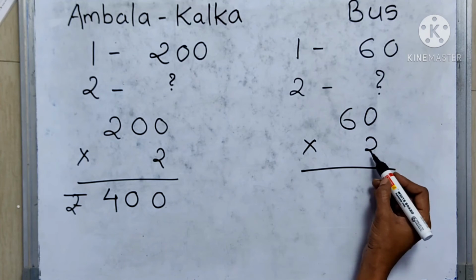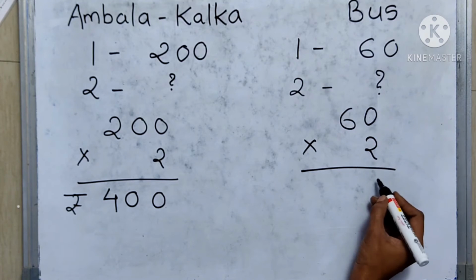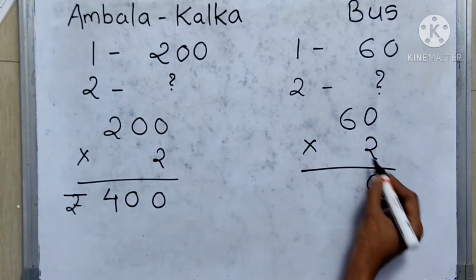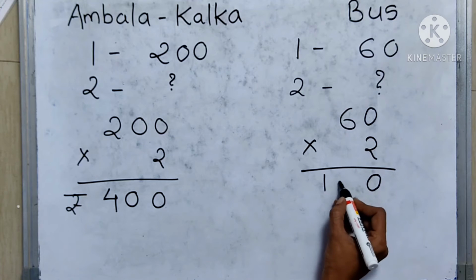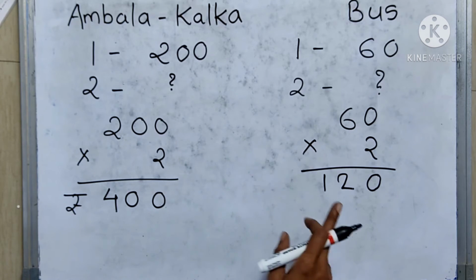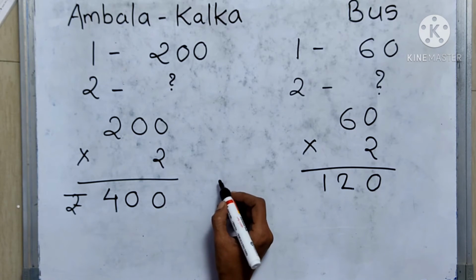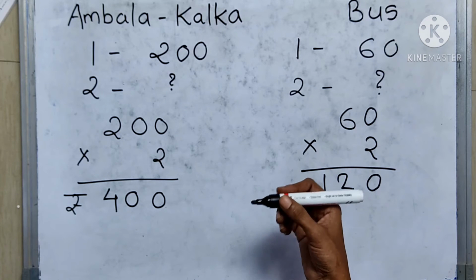Now you know if we multiply any number with 0 or 0 with any number, the answer is always 0 and 2 6s are 12. We have to find out how much money did they spend to reach Shimla. It means we need to add this 400 and this 120 rupees. So here we will do the addition, children. You can do it in your notebook properly.